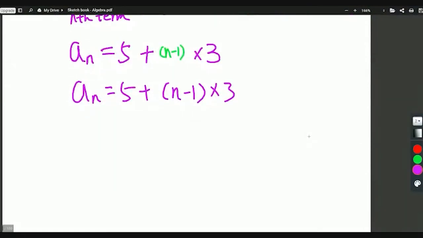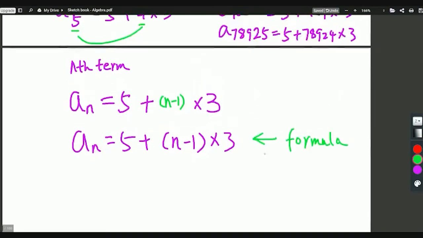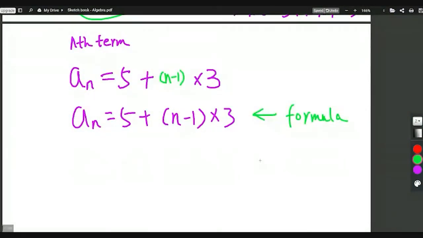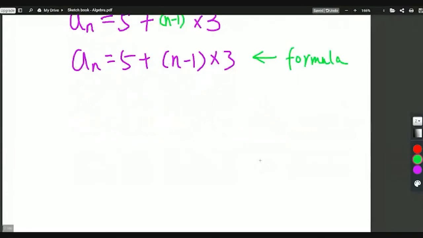This is actually a formula, as you can see here. And how did we get here? By studying the first, second, and third term, and by studying what is changing and what is not changing.